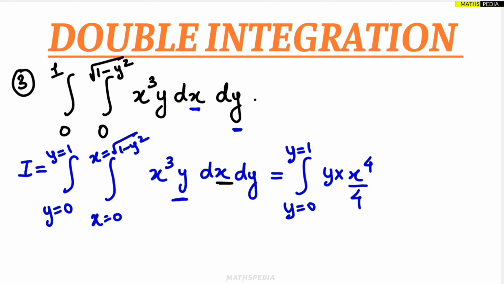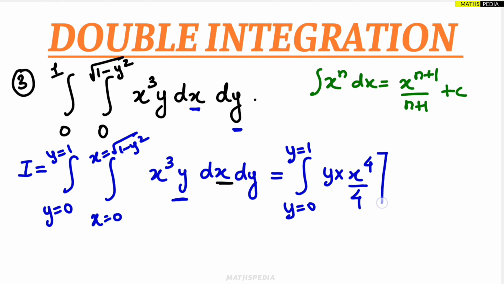The formula we are applying here: integration of x power n dx is equal to x power n plus 1 by n plus 1 plus the integration constant c. Now we have to apply the limits, x equal to 0 to x equal to square root of 1 minus y square, then dy, the outer part integral.